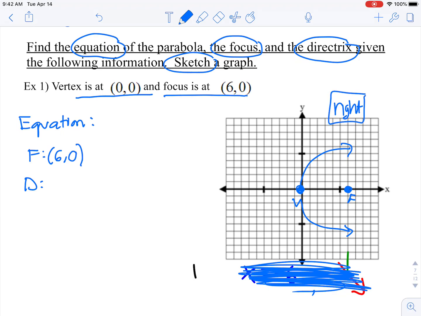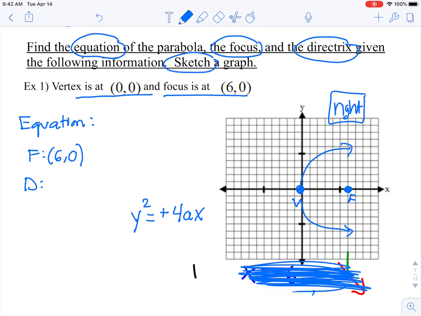Because the parabola is opening to the right, it's going to have to follow the format of y squared equals either positive or negative 4ax. Remember, parabolas that open left and right have a y squared. Parabolas that open up and down have an x squared. Now, because it's opening to the right, we know that this is going to have to be positive, so I can kind of limit my equation to this at this point.